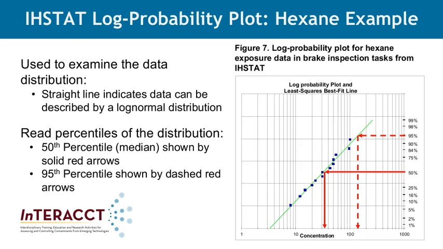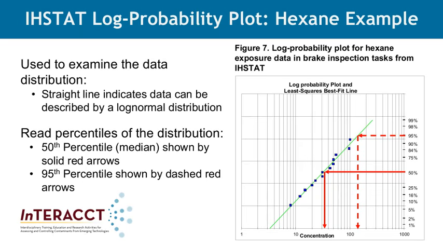IHStat also produces log probability plots. Figure 7 shows the log probability plot for the hexane exposure data from Table 1. The data are the blue squares. The straight green line shows the ideal log normal distribution. When the blue squares are close to the straight green line, it means the data likely follow a log normal distribution.